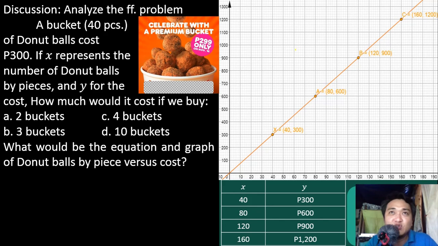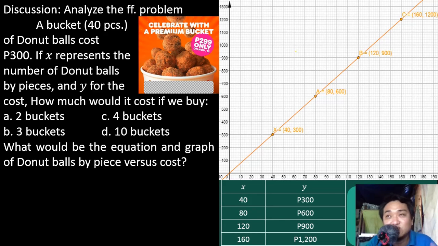Kung i-zoom out po natin yung graph, by means of graph alone, utilizing your GeoGebra, malalaman natin kung by just looking at the graph kung magkano yung magiging cost whenever you order 10,000, 20,000, 30,000, lalo na pagka in terms of corporate merchandise. Syempre malakihan, maramihan.